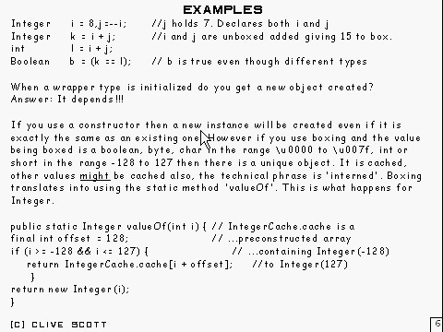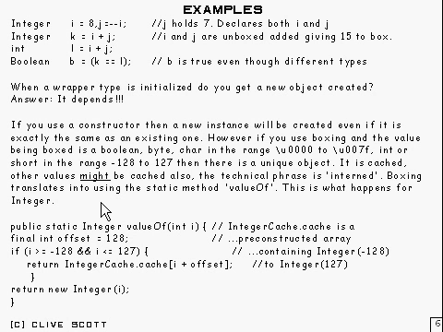However, if you use boxing, then the valueOf method gets used for boxing, and if the value being boxed is a Boolean, a byte, or a char in the range 0 to 7f, or an integer or short in the range -128 to 127, then there is a unique object that gets used, and it's cached. According to the specification, other values might or might not be cached also. The technical phrase used in the language specification is interning, but actually it's caching.